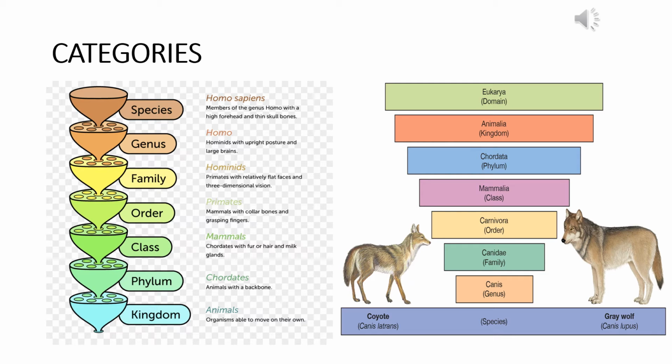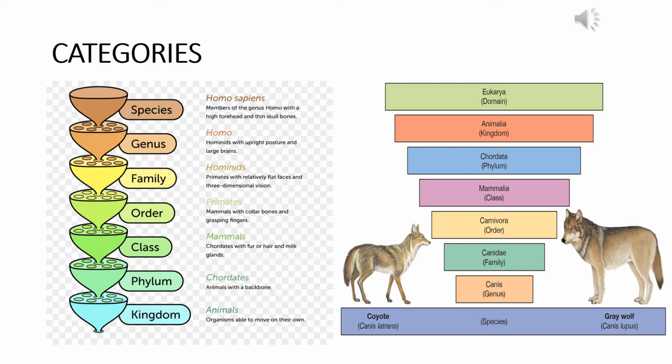Since the science of classification is called taxonomy, all the individual levels are called taxons. In the picture we can see the different taxons: kingdom, phylum, class, order, family, genus and species. In this order we are moving from the broadest domain to the smallest domain. The broadest is kingdom and the smallest is the species.